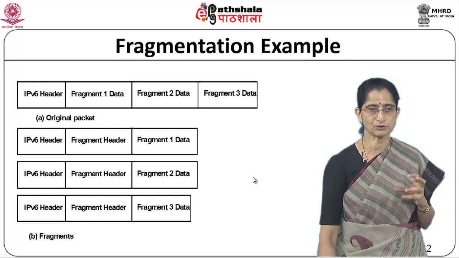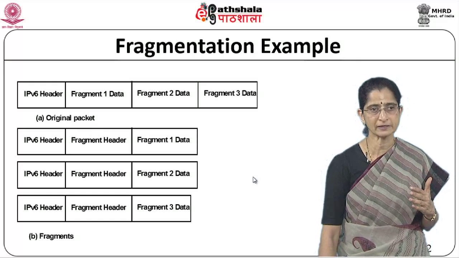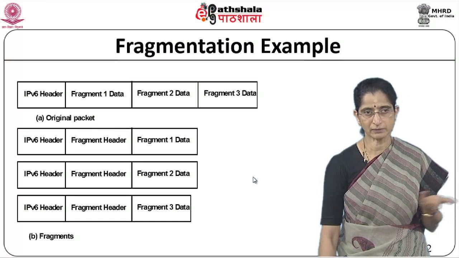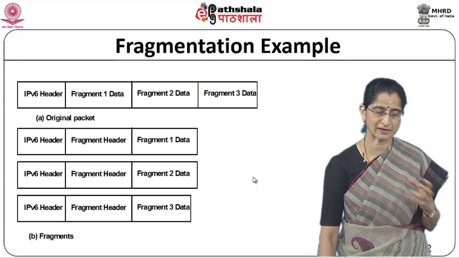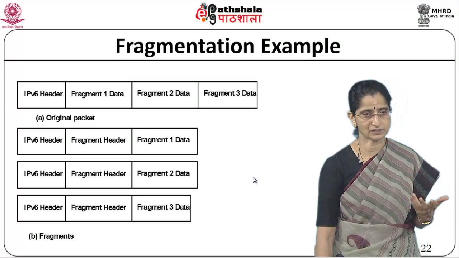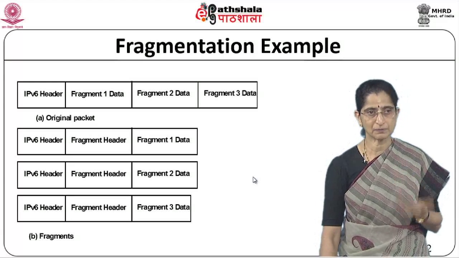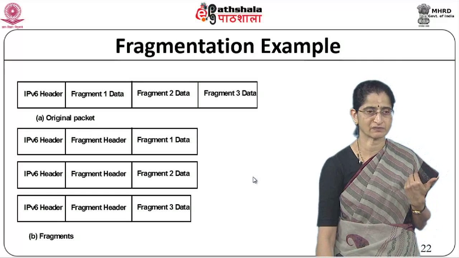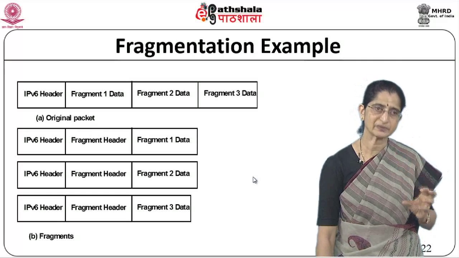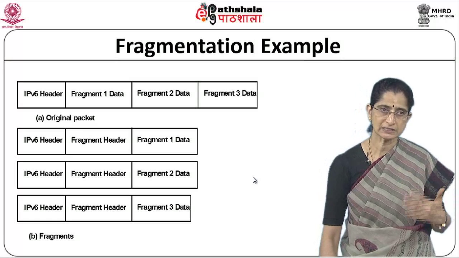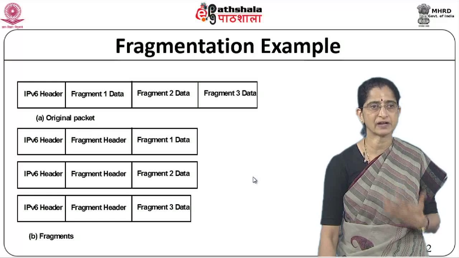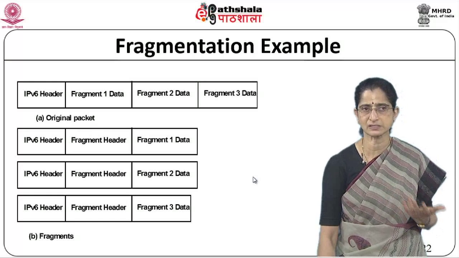What the source would normally do is, when it sends out a packet, if a particular router is not able to process it, it will send back an ICMP message saying that the packet is too big for it to process. In that, the MTU of that particular router will also be specified. Once that is specified, the source can make use of that MTU to send the fragments. So it can restrict the fragment size to that MTU and send it, okay. This is what it will do.